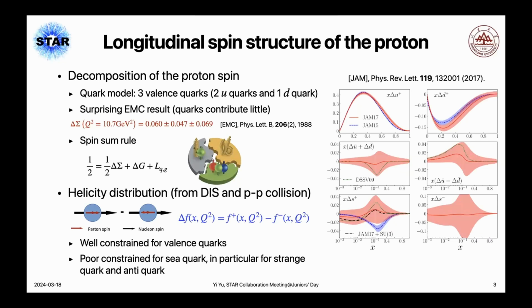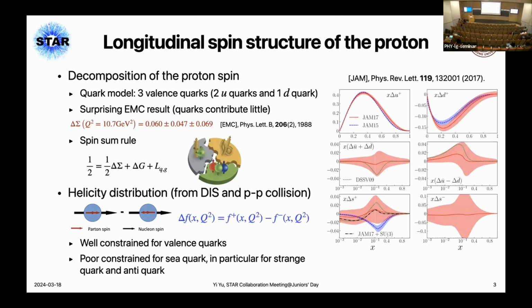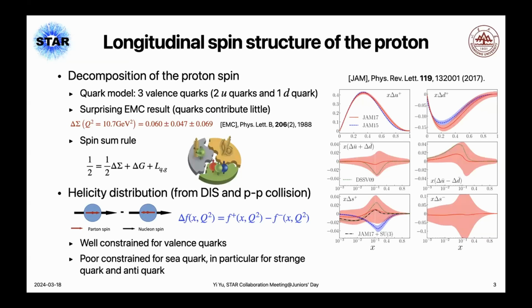And now we know that the spin of the proton is composed of the spin of quarks, the spin of the gluons, and also their orbital angular momentum.